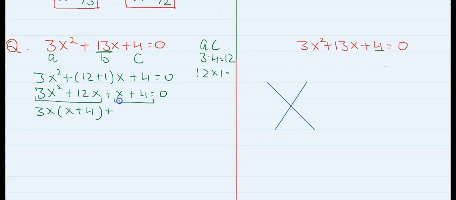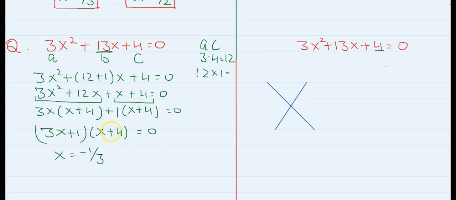This is a plus, nothing is common, so we just write 1 times x plus 4 is equal to 0. So this will be 3x plus 1 and the common factor is x plus 4, equal to 0. Now if this one is 0, x will be minus 1 over 3, and if the other is 0, then x will be minus 4. So this is the solution of this quadratic equation using the factor method.